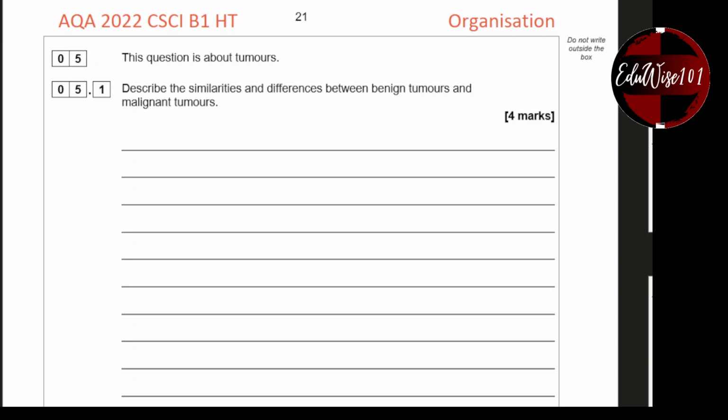So first, let's list some of the similarities between the benign tumors and the malignant tumors.